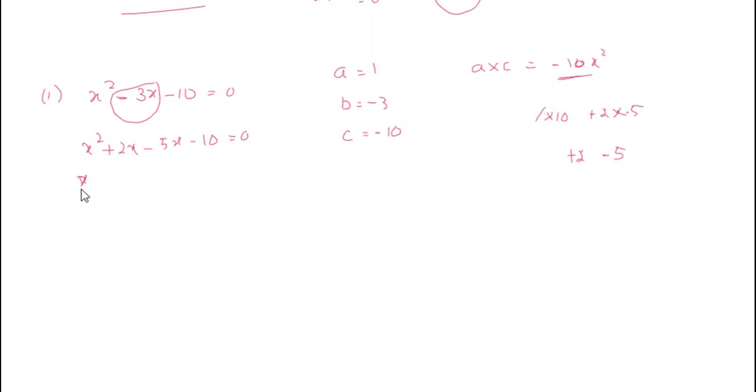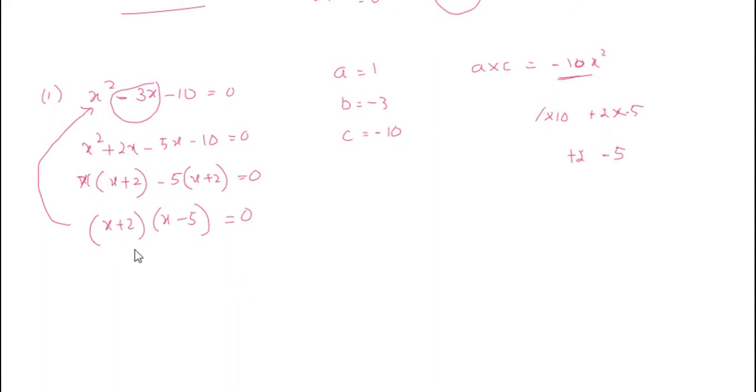Take x out, x plus 2, minus 5, taking 5 out, this becomes x plus 2. x plus 2 is common, x plus 2 into x minus 5. So these are the two linear factors of the quadratic equation x square minus 3x minus 10.